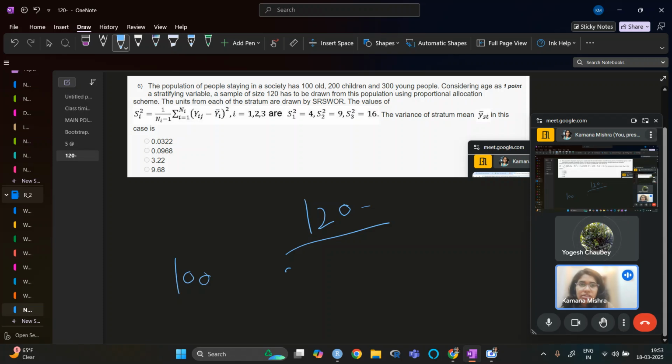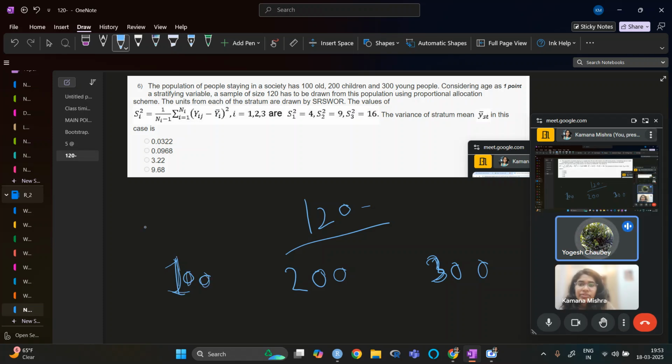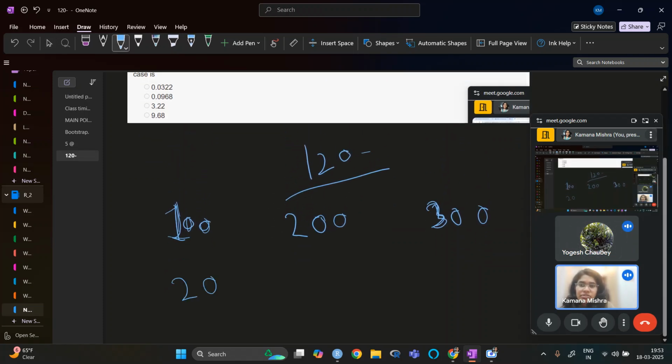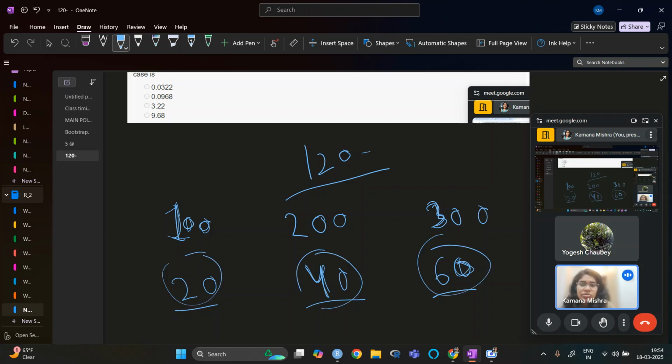So the strata sizes are 100, 200, 300, basically 600, and the sample sizes are 20, 40, 60, which total 120. So the ratios are 1, 2, 3 parts.